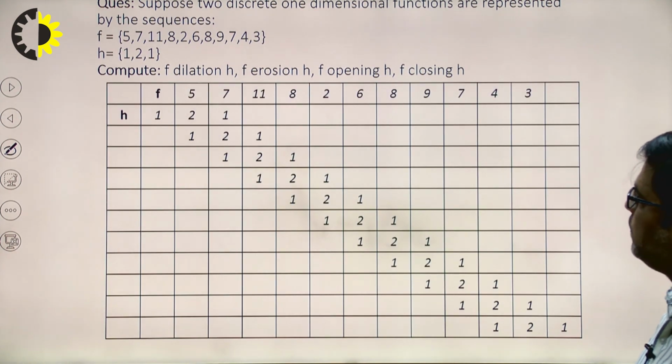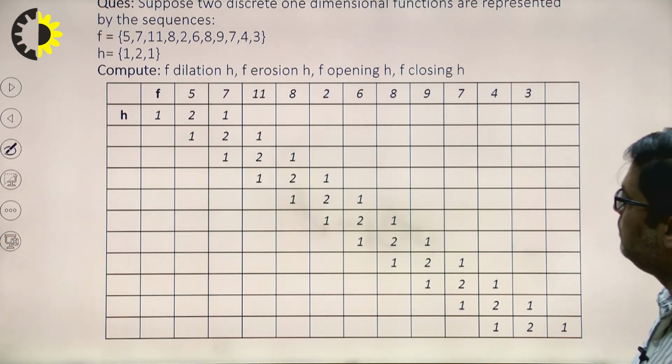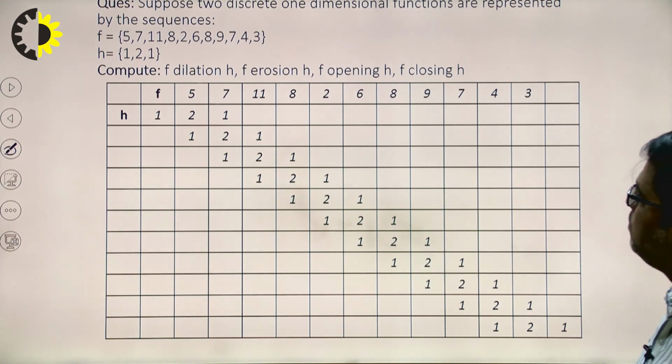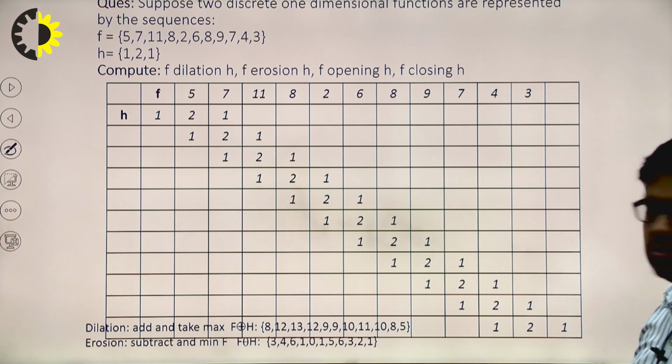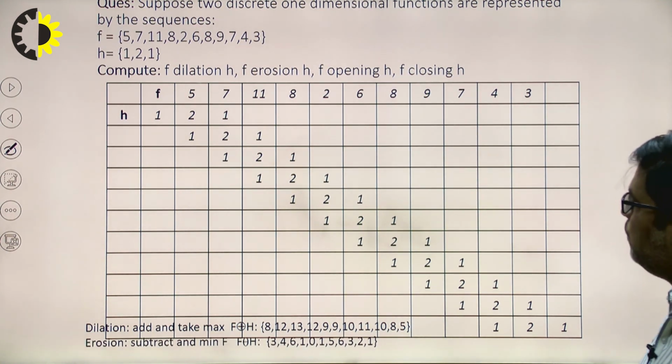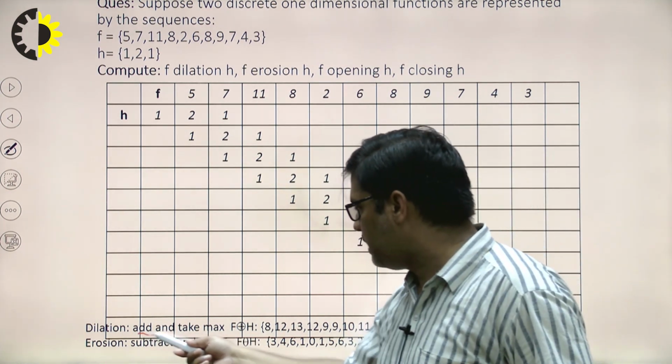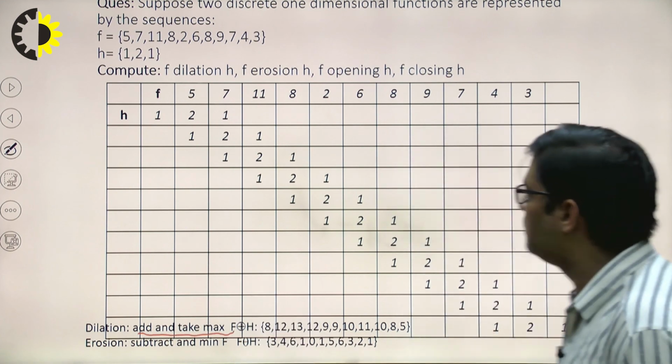So this was one question, one numerical portion. Here one image sequence is given and structuring element 1 to 1 is given. We have to compute the dilation, erosion, opening and closing operations over this. Whenever I want to find the value of the dilation, the meaning of dilation is add and take max.